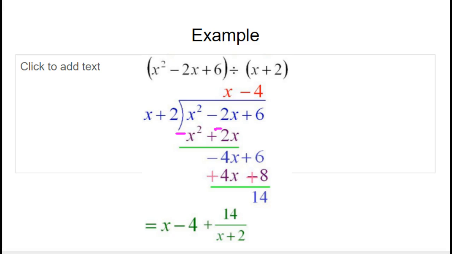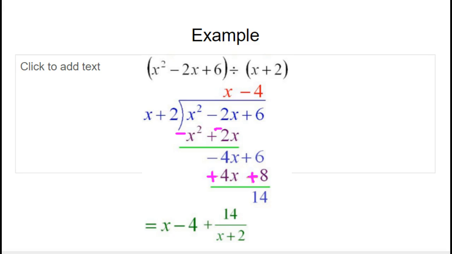So down here, instead of having negative 4x minus 8, in this example they changed the negative into a positive 4x, and they changed the negative 8 into a positive 8, and they chose to add them together. So if you change the answer that you got to the opposite, you are able to add them. So you get negative 4x plus 4x is 0, and 6 plus 8 is 14.